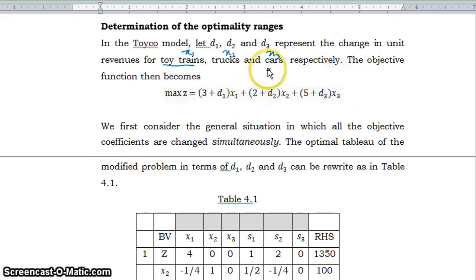The original objective function of this problem is maximize z equals 3x1 plus 2x2 plus 5x3.